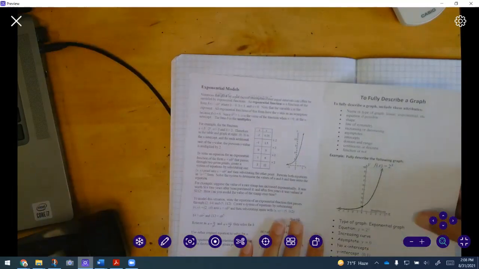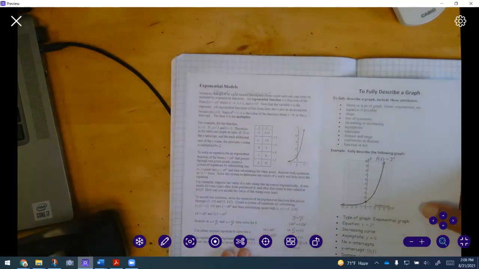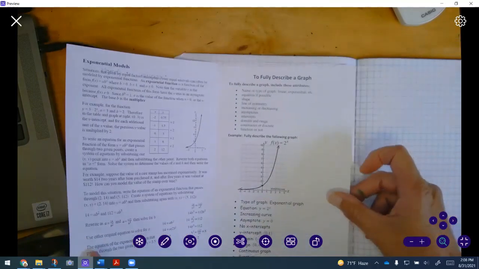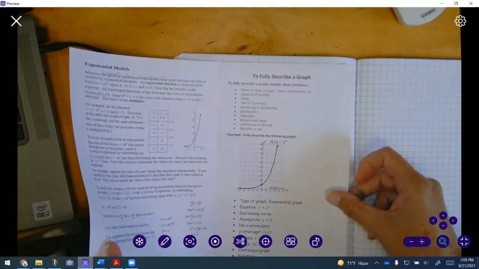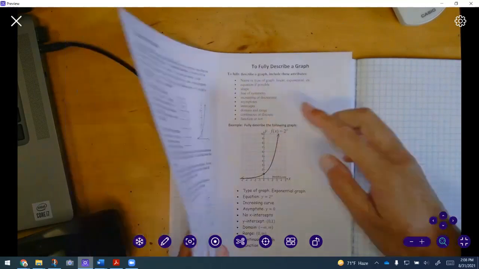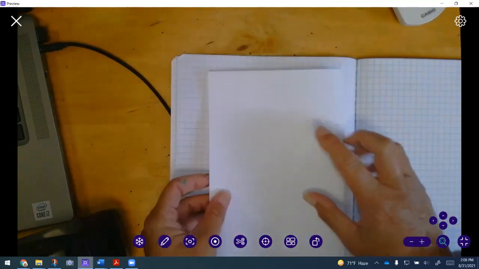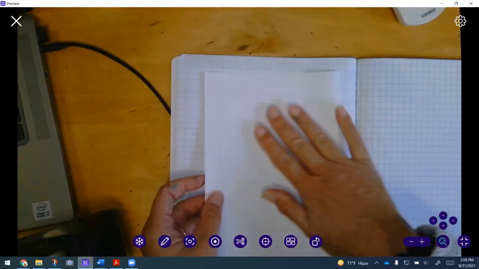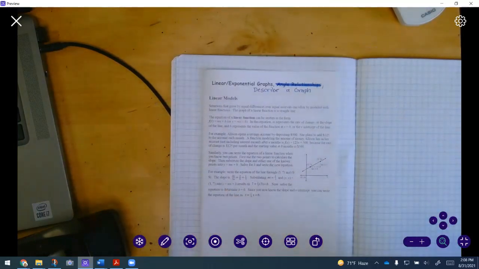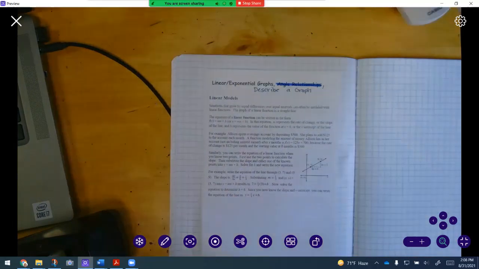Inside here is exponential models and solving for exponential equations. And then here is to fully describe a graph, all the different information that we'd like for us to have. So again, I'm going to fold it so that the right side is on the back. I'm going to glue it there and then put it here. And that's going to be our notes.